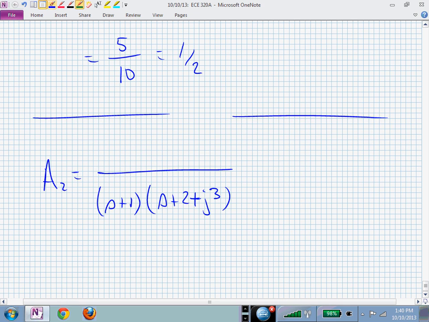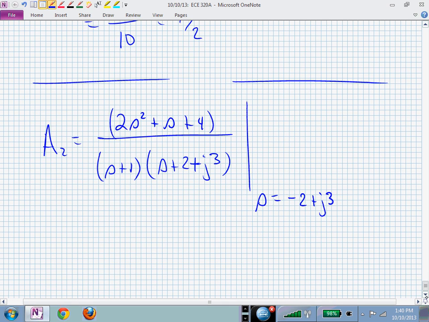And what do I have upstairs? I have exactly the same numerator expression that I had before, 2s squared plus s plus 4. And I evaluate this where the denominator associated with a sub 2 vanishes, and that was at its pole location of -2 plus j3. Questions on that?